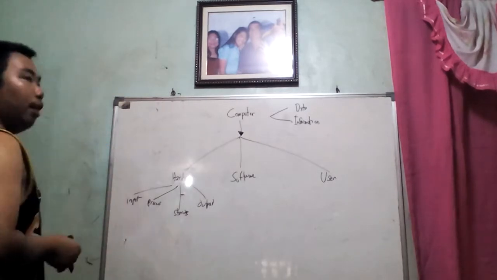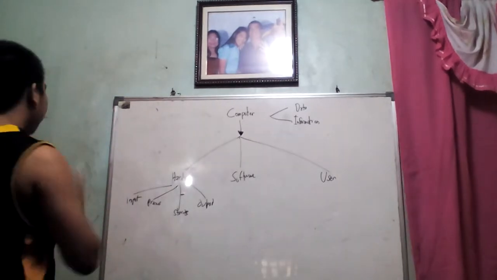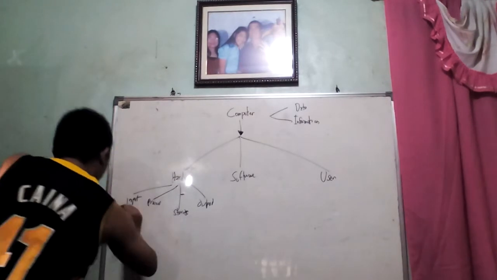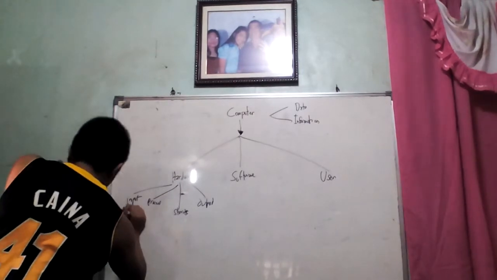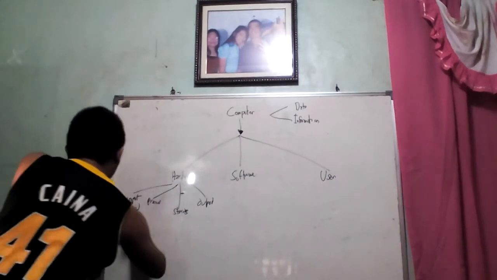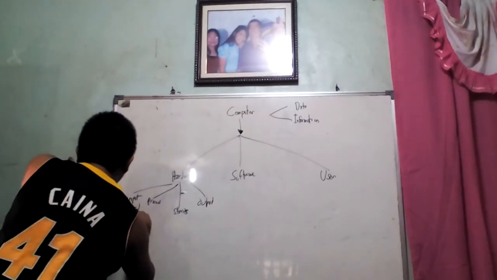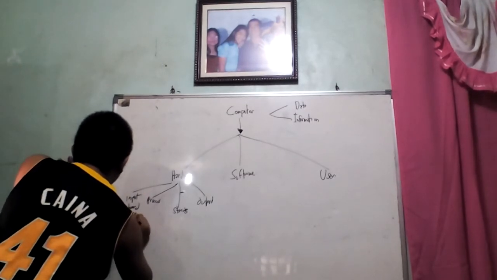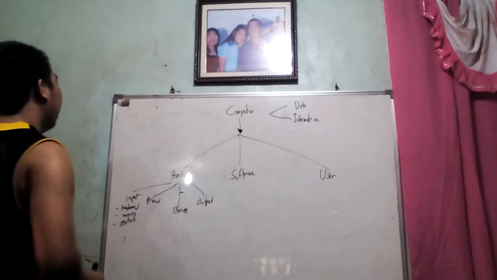Now, input devices. What are input devices? Number one is keyboard. Number two, mouse. Number three, joystick. That can input on the screen.